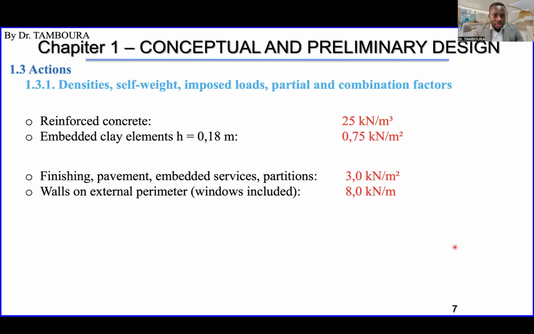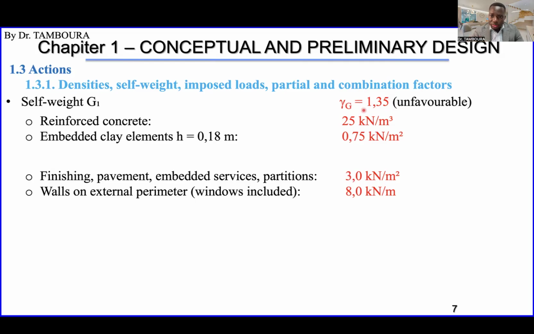A little bit, okay. Let's start from self-weight. Self-weight, as I said, the gamma partial factor, non-favorable, 1.35, for example. 1.5 is mainly for variable, not permanent, okay?